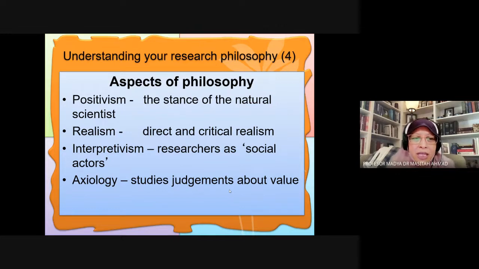Then interpretivism, where the researcher is a social actor, meaning we become somebody who understands the social aspects and the issues related to social things. And the last one, axiology, whereby we study judgments about value. Actually all of this is under the aspect of philosophy.